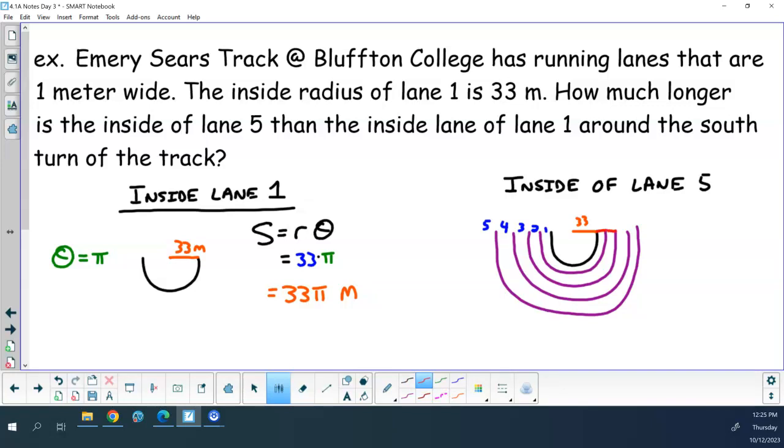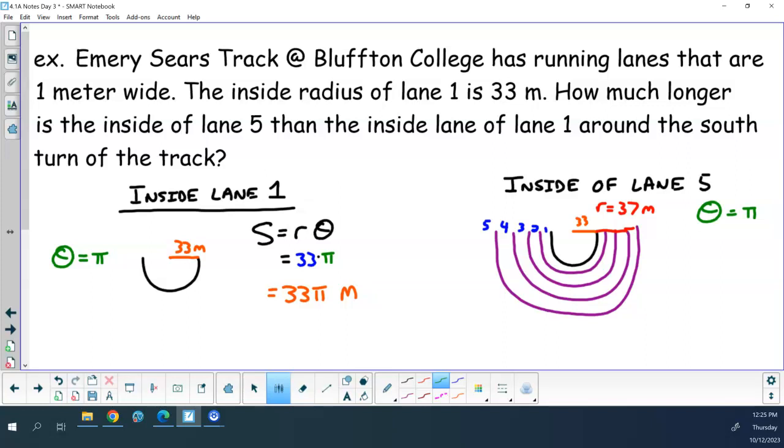Now 35. Now 36. Now 37. So this one has a radius of 37 meters. Still going pi radians? Yes or no? Yep, still going pi radians.